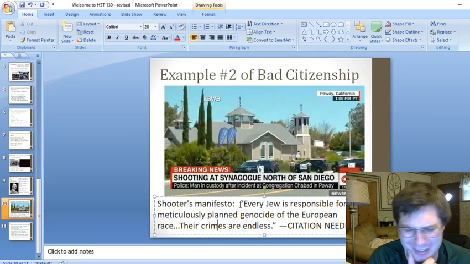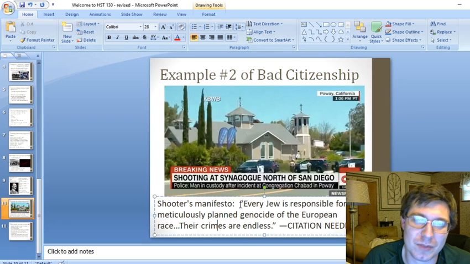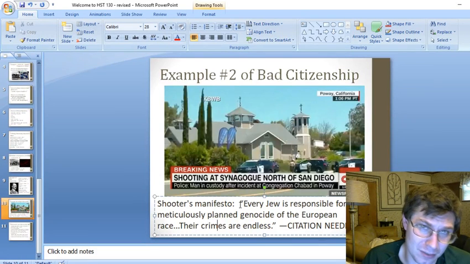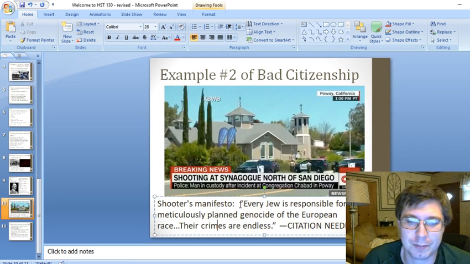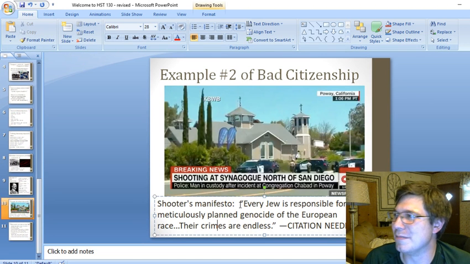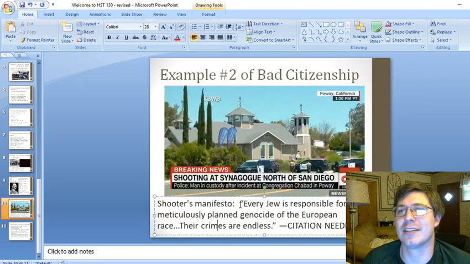I need to know what on earth you are talking about with these crimes, and how can you prove that every Jew is responsible for these alleged crimes, assuming they even exist? What do you mean, genocide of the European race? I don't really see that going on. Can you convince me that this is happening?